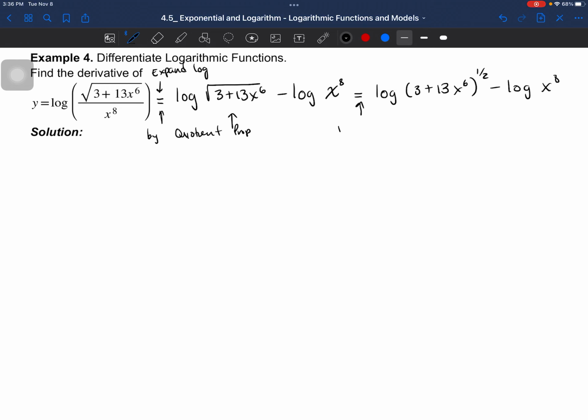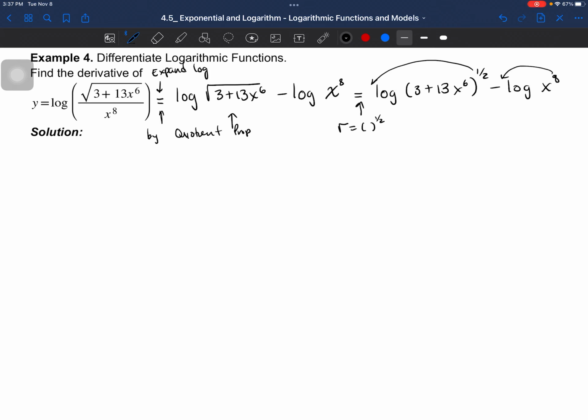So this line was by the quotient property. This one was by algebra, just changing a radical square root into a power of 1/2.